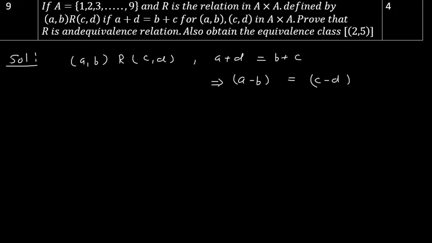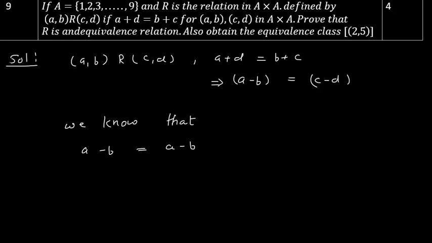Now we have to check whether this is a reflexive relation, symmetric relation and transitive relation. So for reflexive relation, (a, b) related with (a, b) should be there. So we know that a minus b is equal to a minus b.